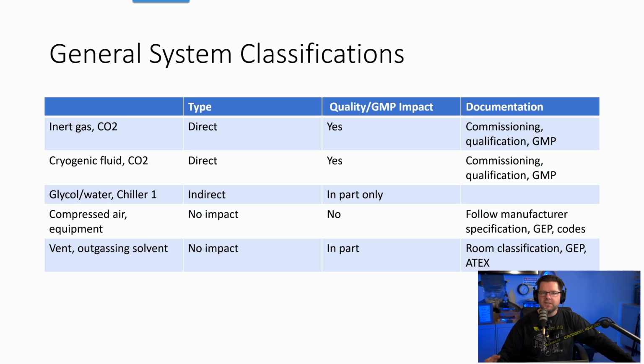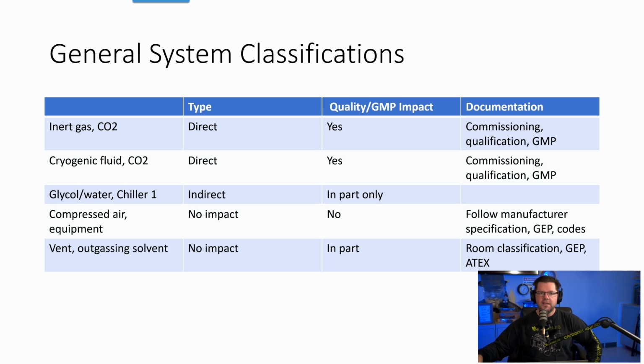Okay. That doesn't really have an impact because it's maybe just changing the valves or something like that. So it's no big deal. Those typically follow manufacturer specifications. So GEP and codes and whatnot are important, but they won't necessarily have any impact. So they don't require commissioning to be done on them. And the good news is it also doesn't require a qualification.